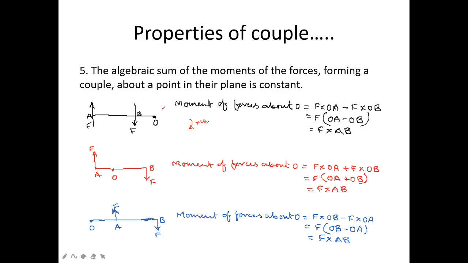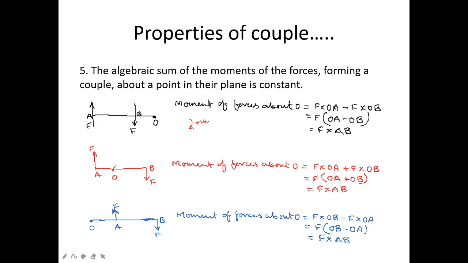Now F into OA is the moment of this force about point O, minus F into OB, because the sense is here anti-clockwise. So F into OA minus F into OB. Now if you calculate, OA minus OB is AB. So F into AB. So the moment of this couple about point O is F into AB.